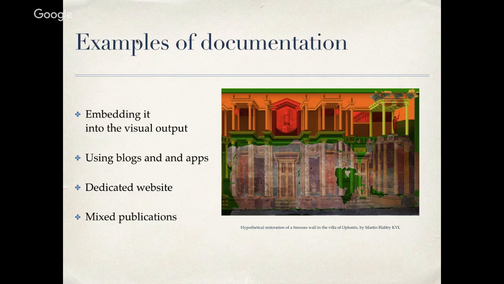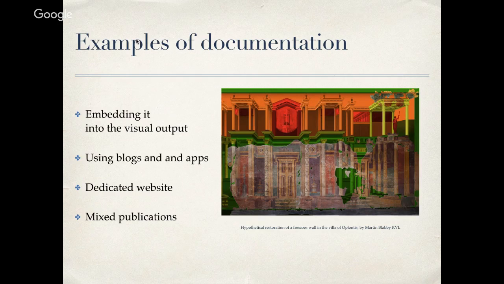But we find it again in digital works. This is, for example, an attempt at documentation of a fresco in the Oplontis villa, among the very likely elements that are in green, and you can see that they are really just the prolongation of what can be seen in the surviving fragments. And then we have yellow for the probable elements and red for the very speculative elements, so a sort of street light kind of approach.